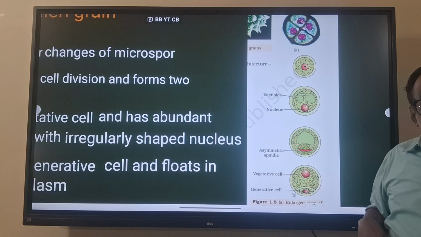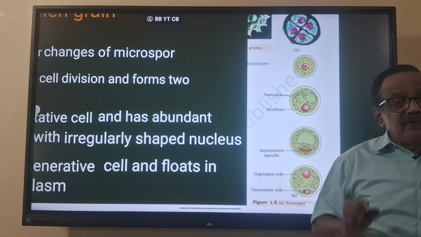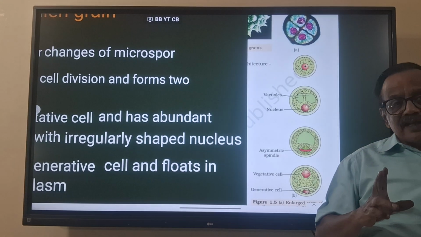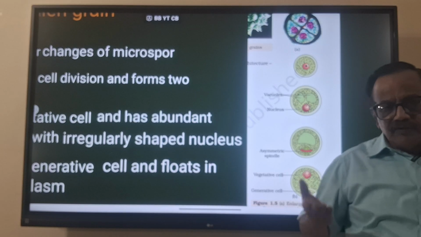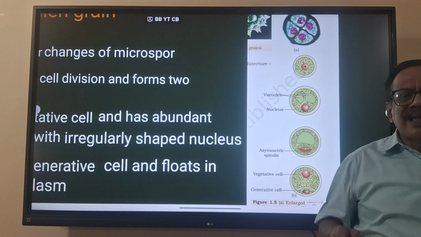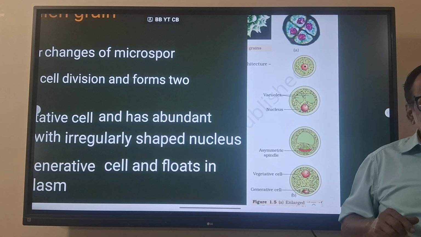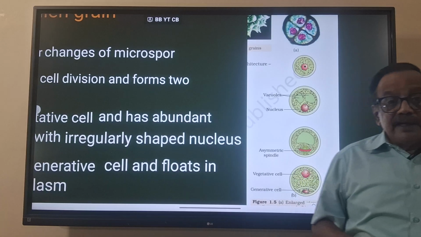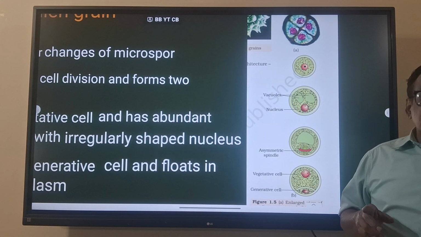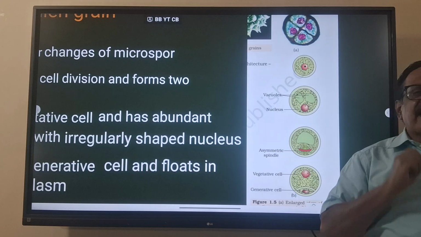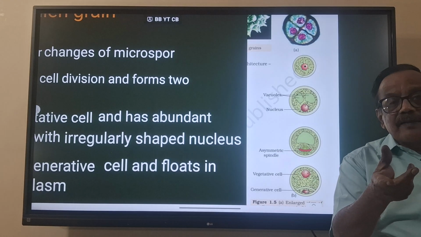And it has one more peculiar character that is given in the book also, that is, it has a large nucleus. At the mitotic division, the vegetative cell and generative cell should both have the same size nucleus, but it is not so. The vegetative cell nucleus is big and irregular in shape.